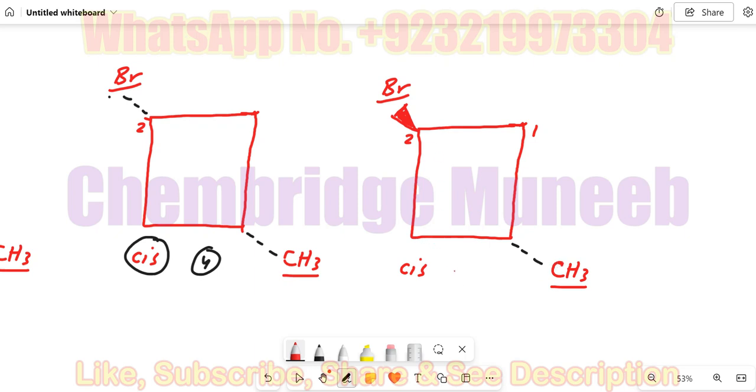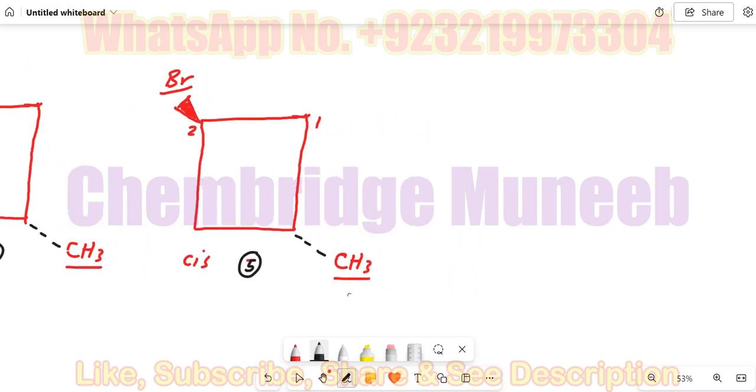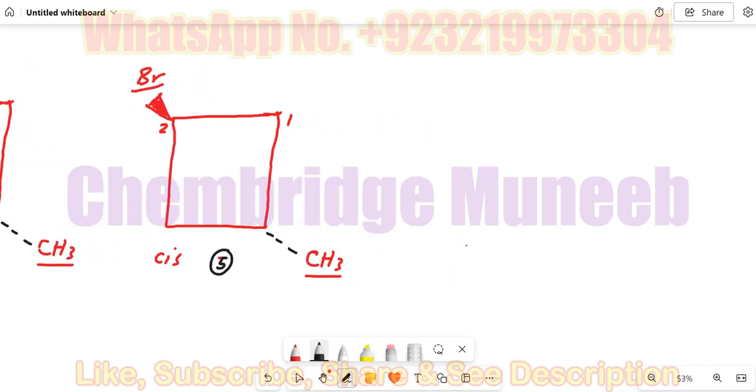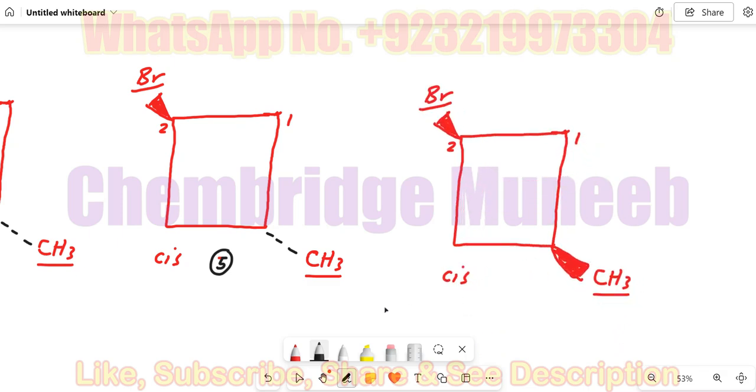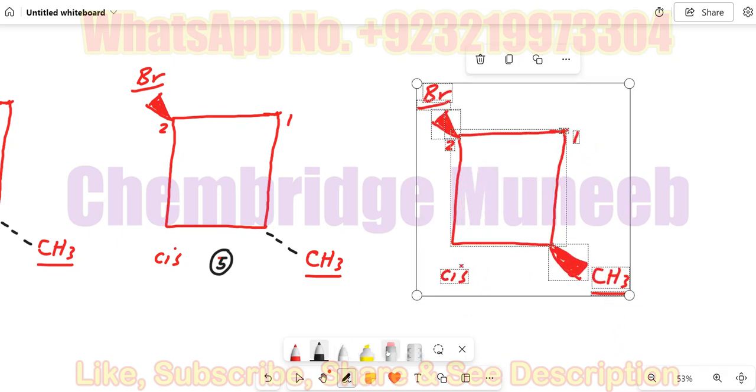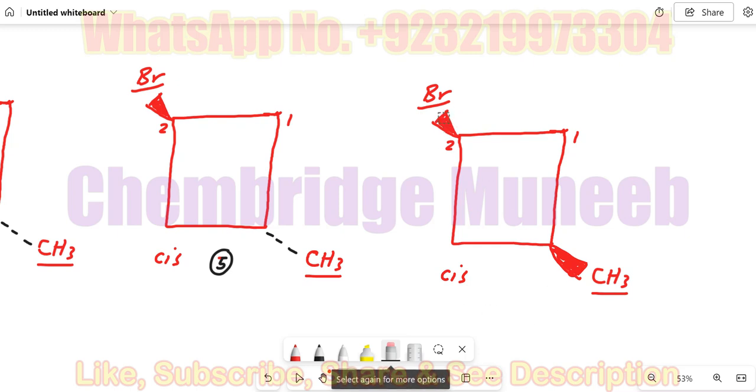The bromine is coming out of the plane, so this will become the fifth isomer. And for the last product, instead of showing it for the CH3, I will show for the bromine that it is now going into the plane instead of coming out of the plane. Now that will become the sixth isomer.